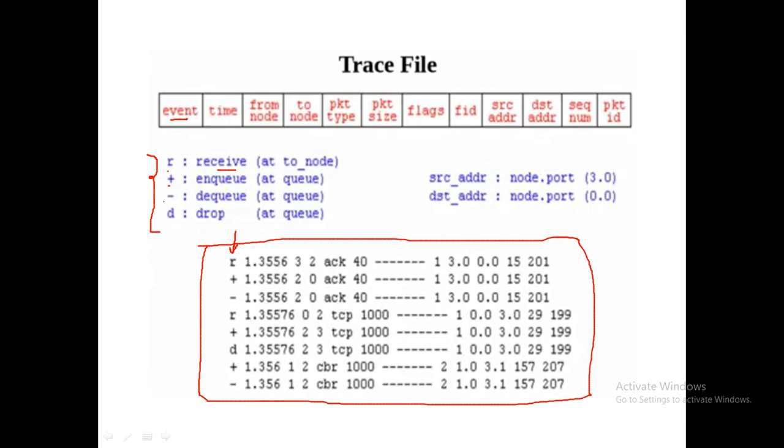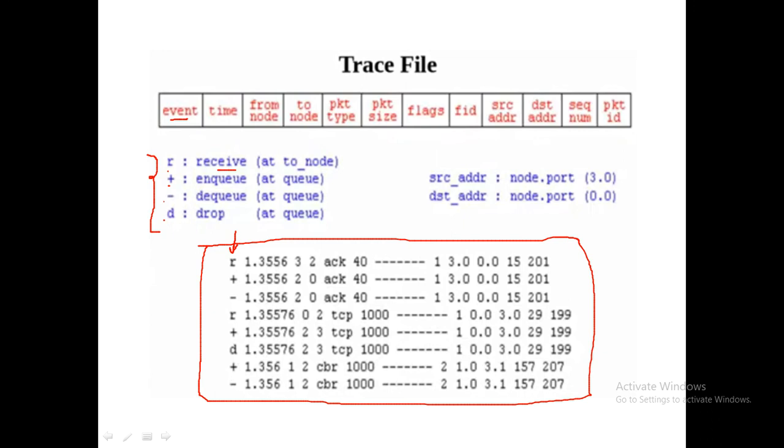So minus indicates dequeue. Plus means a packet is coming inside the queue of one particular node. Every node has a queue. And d means drop. D indicates this packet is dropped here, right? So now you have the event field.